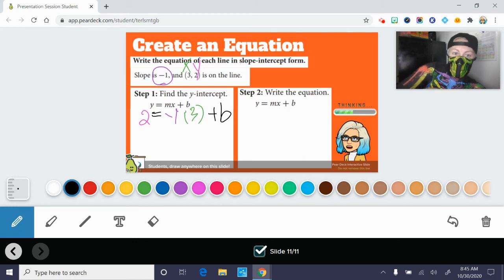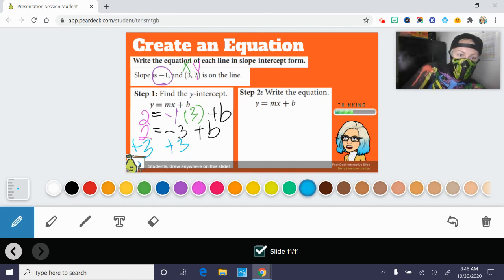So you're going to multiply -1 and 3 together, which will give us -3 plus b equals 2. And then to solve for b, now all I got to do is just add 3 to both sides. Those cancel, and I'm left with the value of b is 5. Okay?